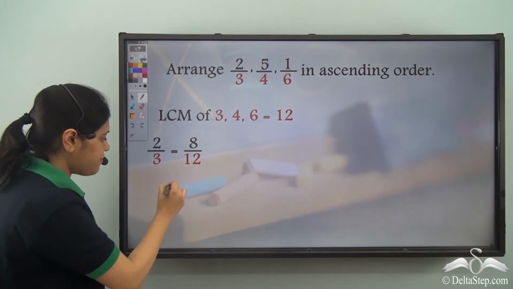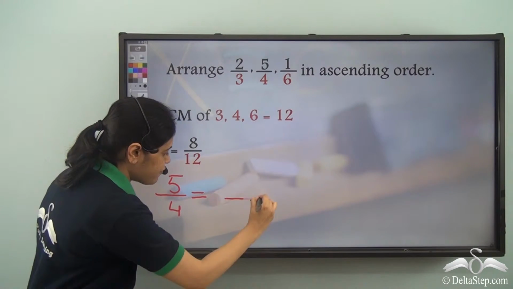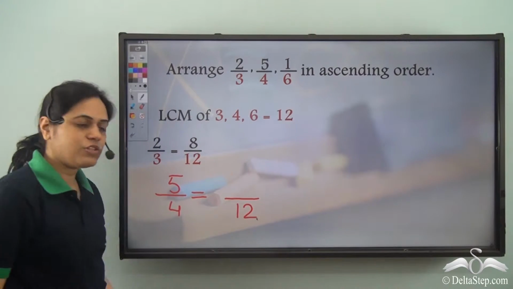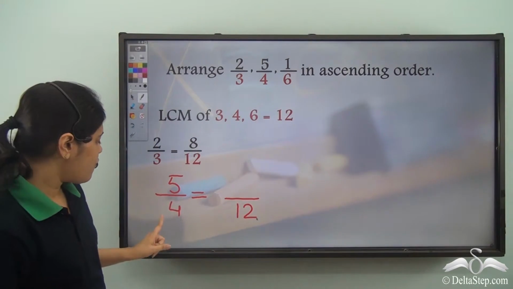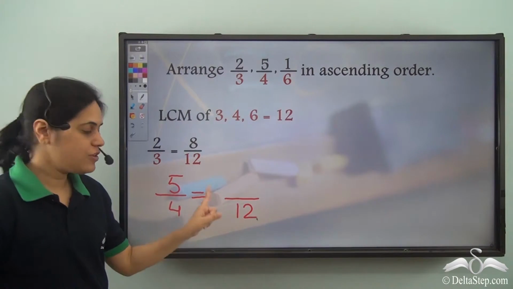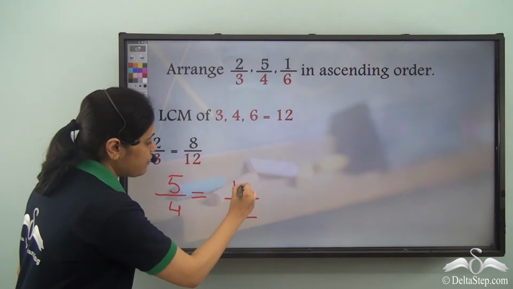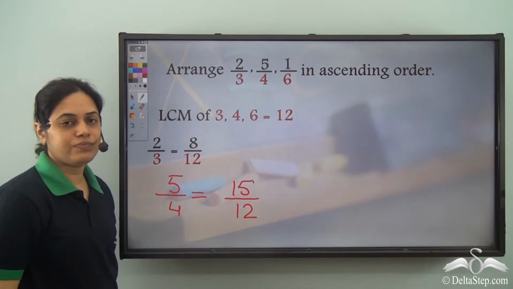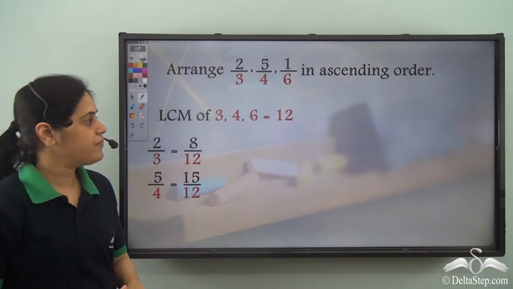Then I have 5 by 4. So 5 by 4 is equal to something by 12. What will be the numerator here? 4 into 3 is 12. So I need to multiply the numerator also by 3. 5 into 3 is 15. So 5 by 4 is 15 by 12.